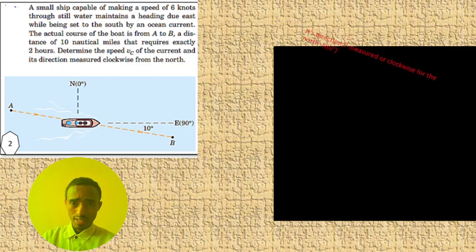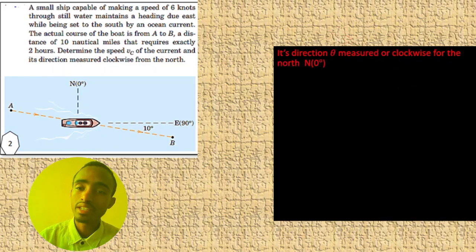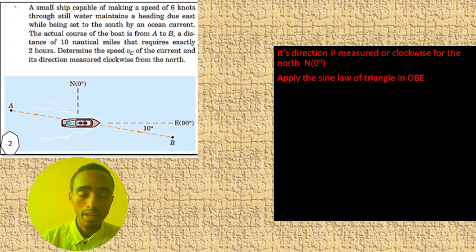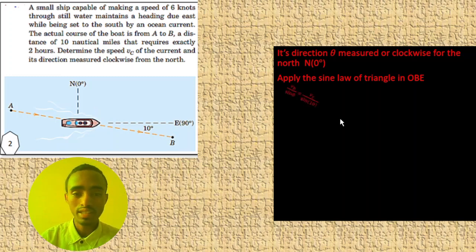In order to determine the direction theta measured clockwise from the north, where we take north as 0 degrees, I can apply the sine law for triangle OBE. Here we see the triangle, and we want to determine the angle theta.